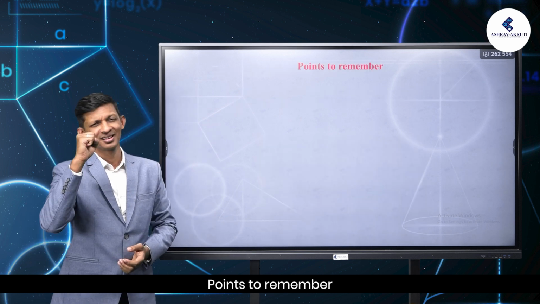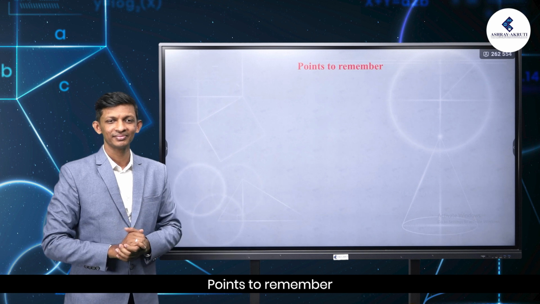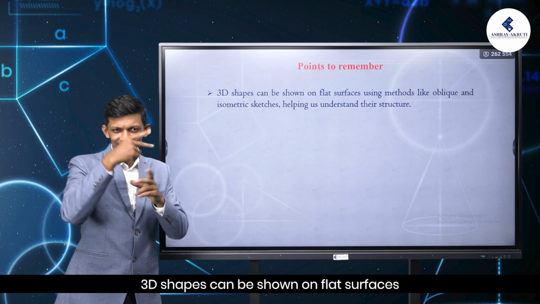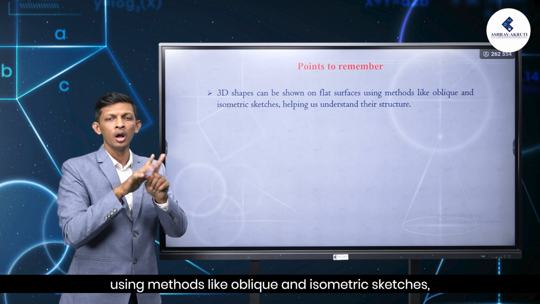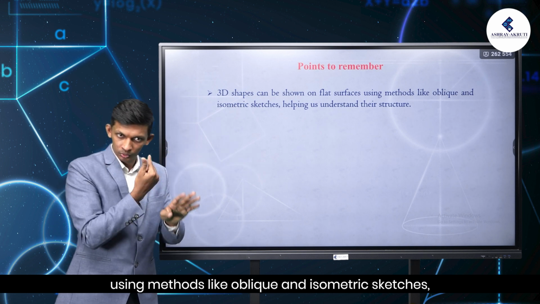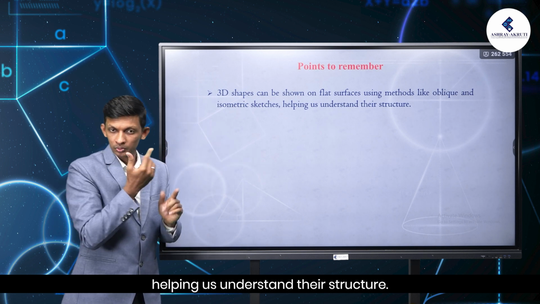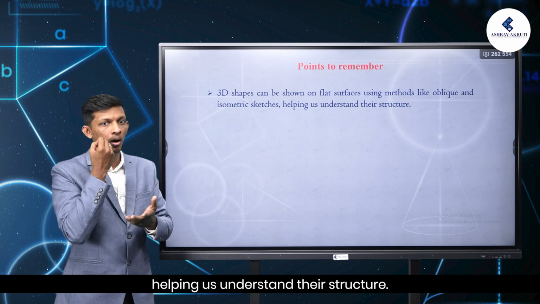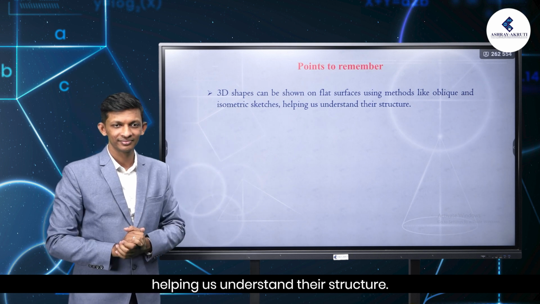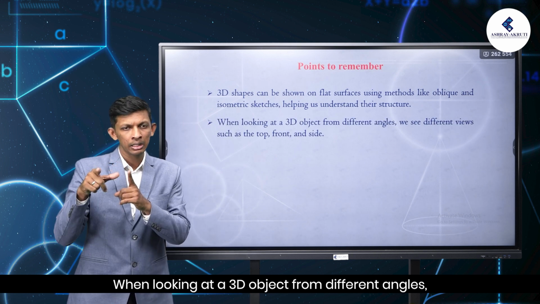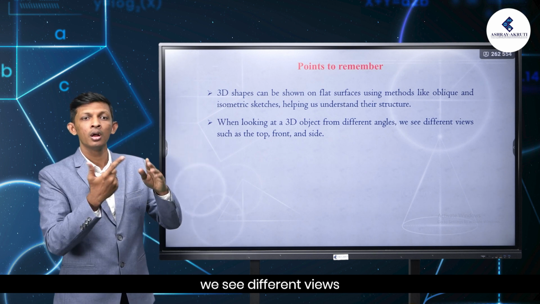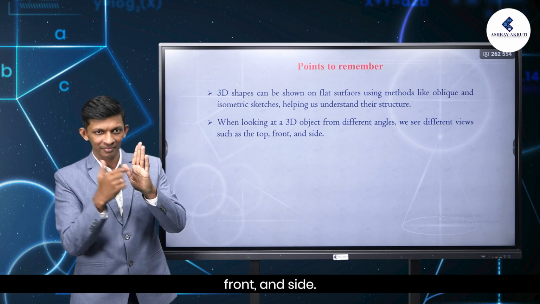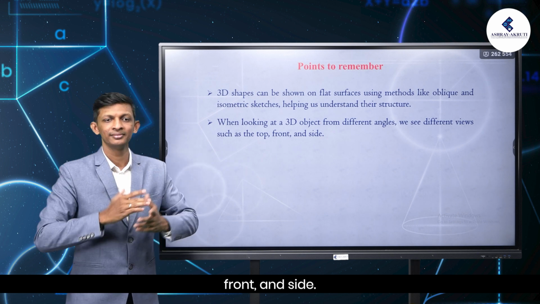Points to remember. 3D shapes can be shown on flat surfaces using methods like oblique and isometric sketches, helping us understand their structure. When looking at a 3D object from different angles, we see different views such as the top, front, and side.